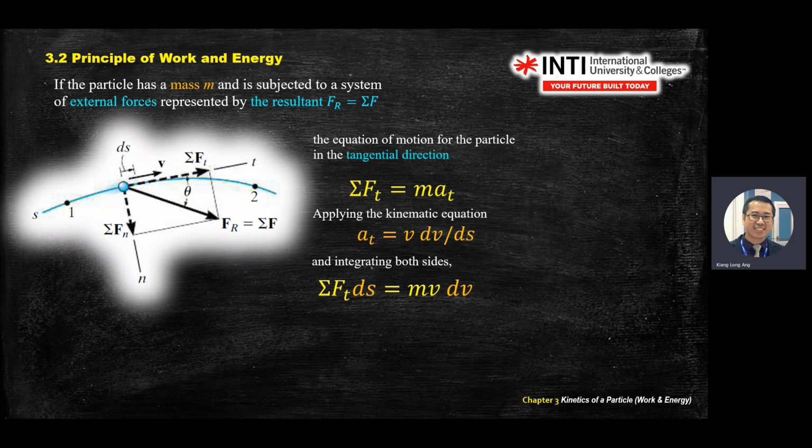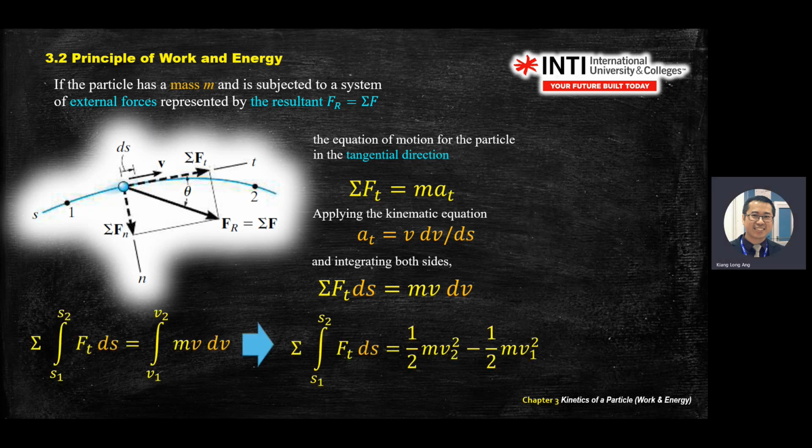Integrate v dv, you get v squared divided by 2. Integrate your force with the distance on the left-hand side, you get work. On the right-hand side, you get kinetic energy at position 2 minus kinetic energy at position 1. Makes sense?